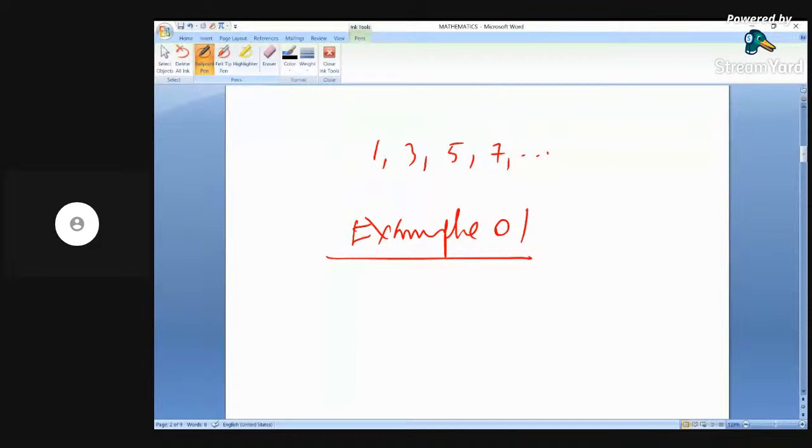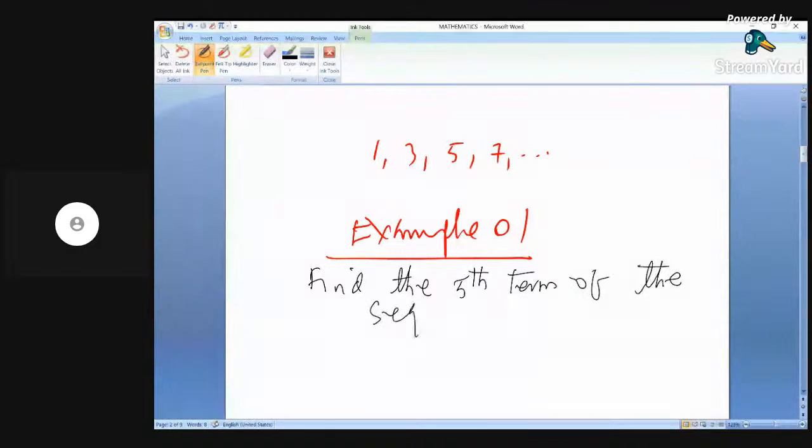Find the fifth term of the sequence 1, 4, 7, 10, and it goes like that.